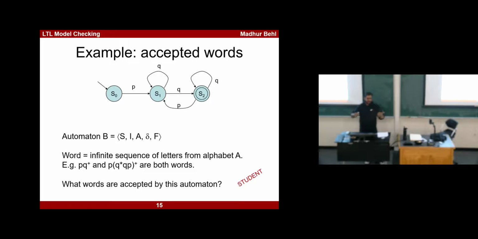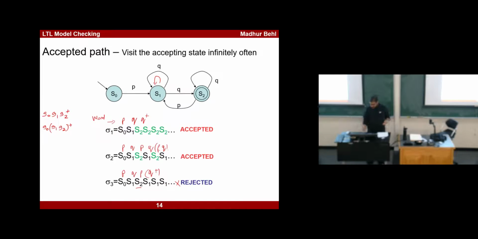So this is exactly what we discussed, right? What will induce an accepted path is an accepted word. And the key thing is that these words look a lot like traces of a regular transition system. That's the connection, right?